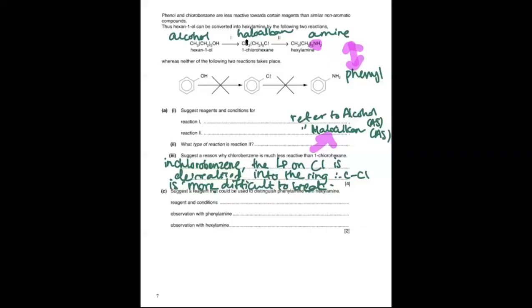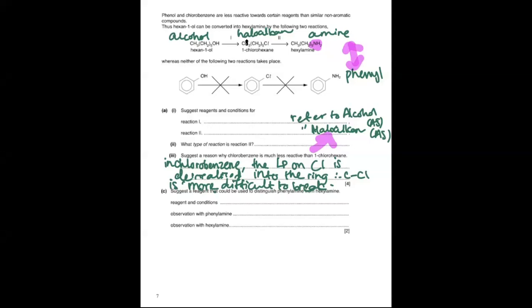Okay, so since you haven't done phenylamine yet, I'm just going to give you the answer for this part. Reagents and conditions, you would use bromine aqueous, or we call this bromine water. Okay, so this bromine water can react with phenylamine, but not your hexylamine.